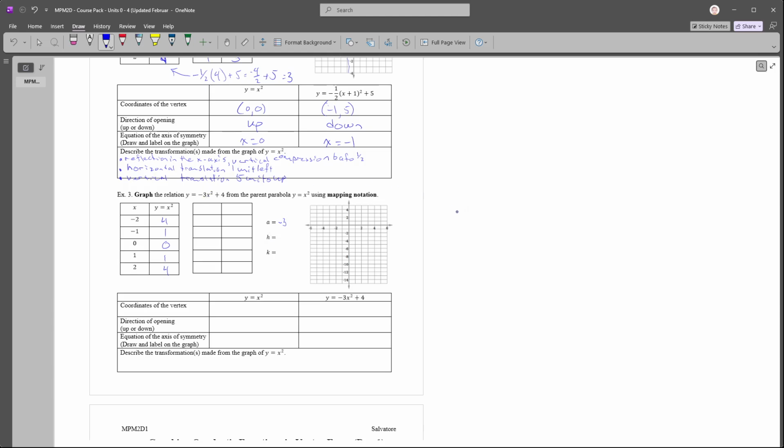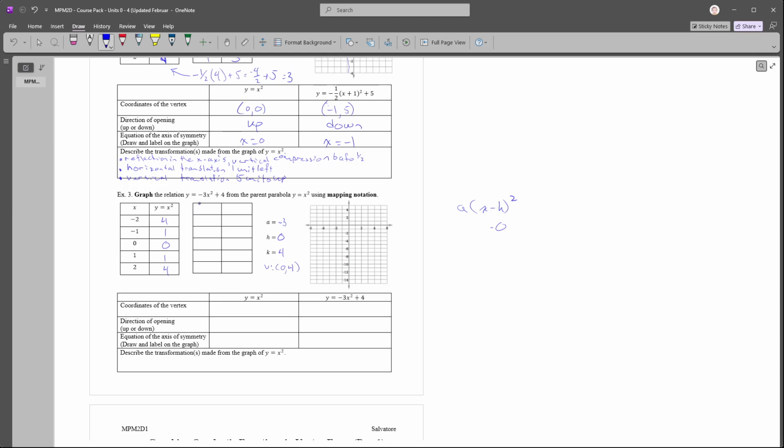Inside the a times x minus h squared, in this case, we're subtracting 0. So h has a value of 0. That means that there is no horizontal transformation. Okay. And k has a value of 4. So what this tells us is that our vertex is located at 0, 4. It's good to know.